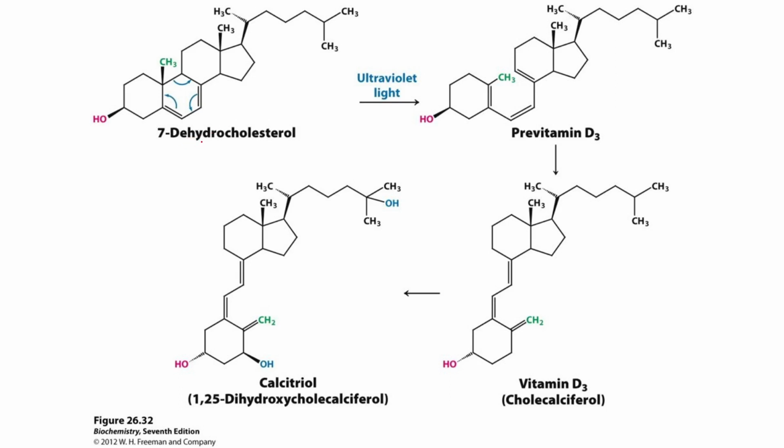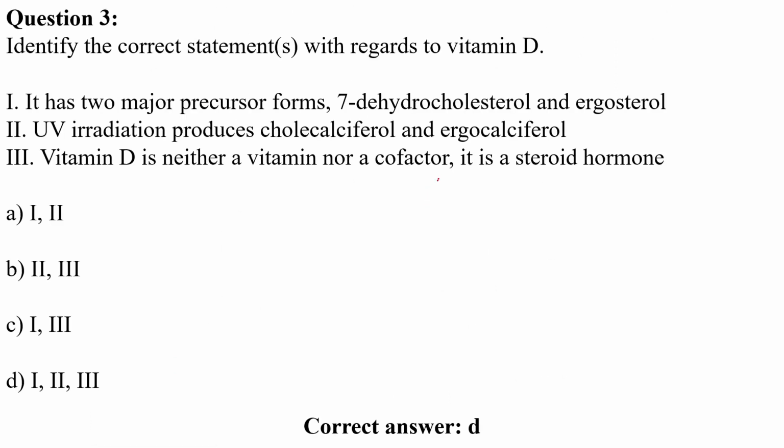When 7-dehydrocholesterol is irradiated by UV light, vitamin D is synthesized. So vitamin D is not directly found in nature, but when these different molecules are irradiated by UV radiation, they are converted into vitamin D, which is used by our body.